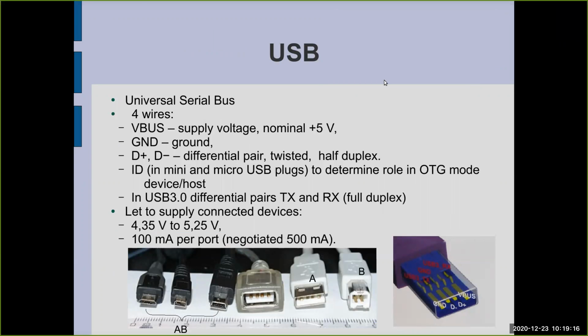Now I'd like to tell you something about USB, which seems to be the most commonly used interface for external devices. There was huge progress in this technology, so we should be conscious that USB 2 and USB 3 are almost totally different technologies, even though the name is the same.